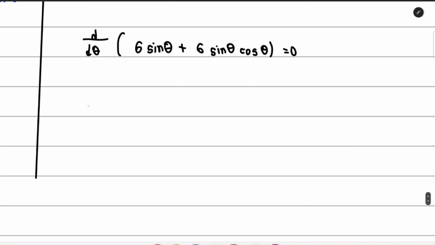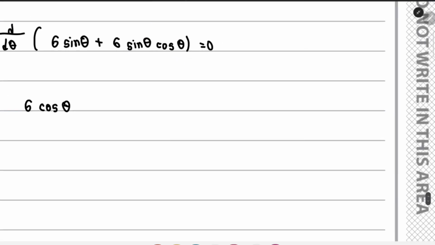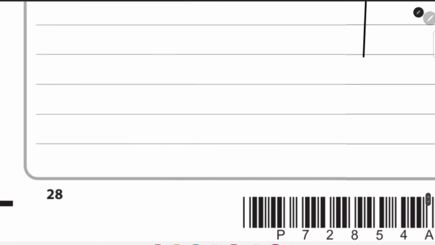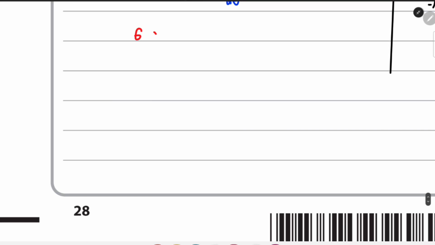And if you differentiate this, if you differentiate 6 sin theta, you get 6 cos theta. And for differentiating the next term, you need to use the product rule. So you have 6 sin theta cos theta over here. You assume one of them to be u, the other one to be v.